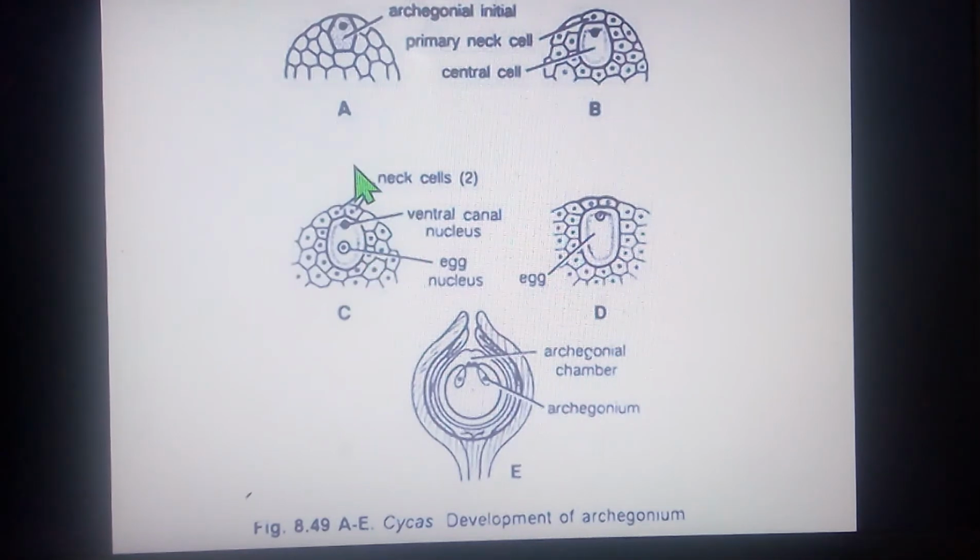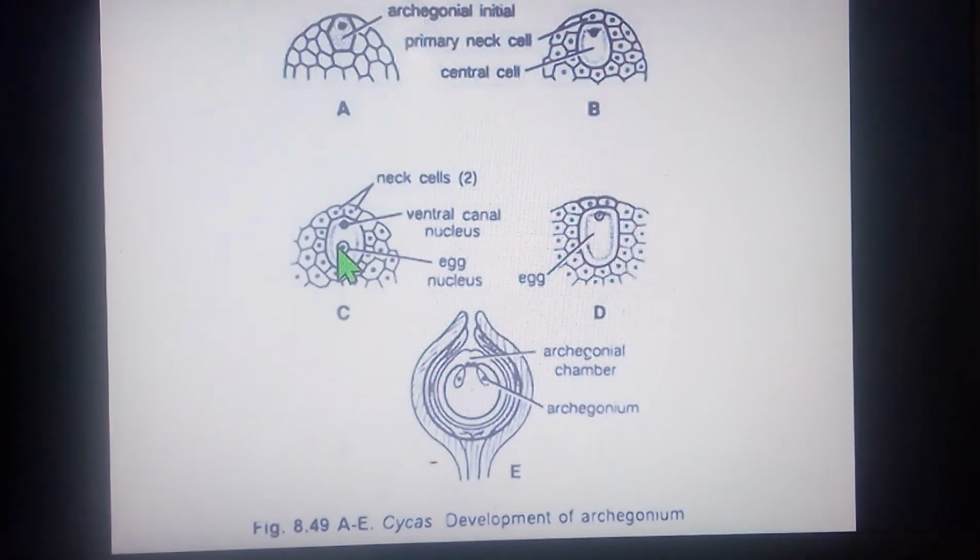Soon after this, it gets surrounded by an archegonial jacket. That layer which surrounds the central cell is referred to as the archegonial jacket. Again, just like the endosperm jacket, it acts as a nutritive layer.